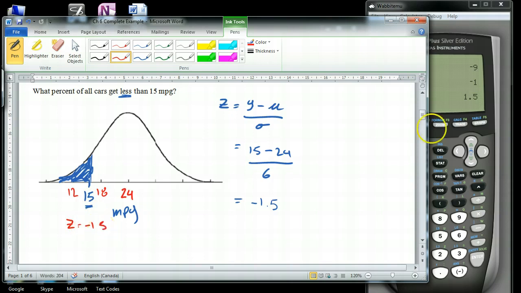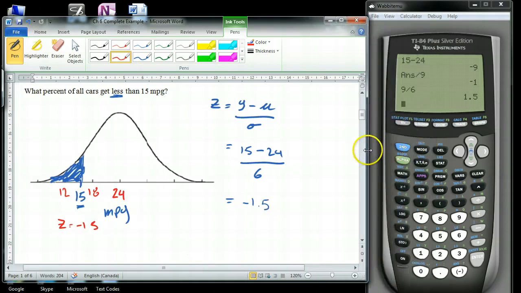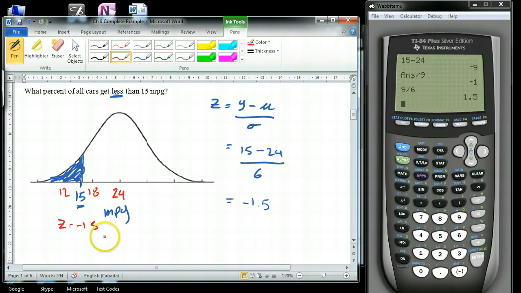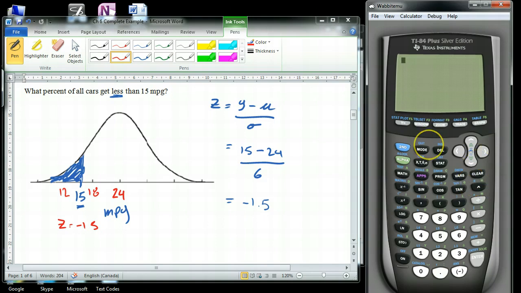Once I get my z-score, I can now convert that to a percent on my calculator. I need to go from negative infinity all the way to 15, so what area is this over here?